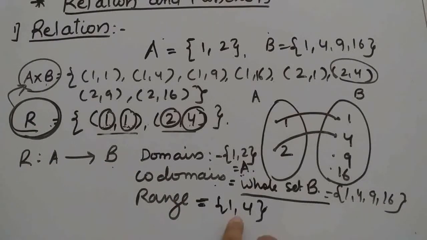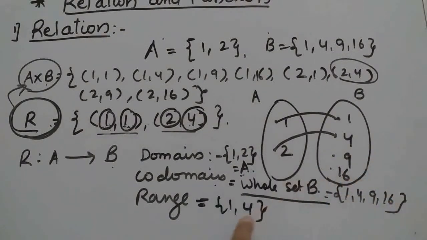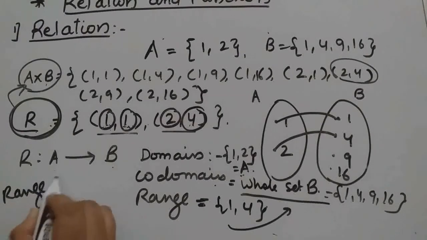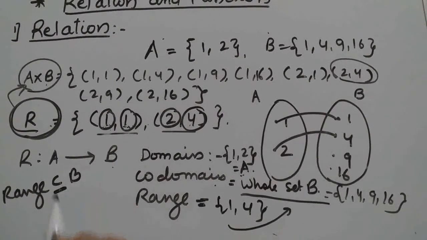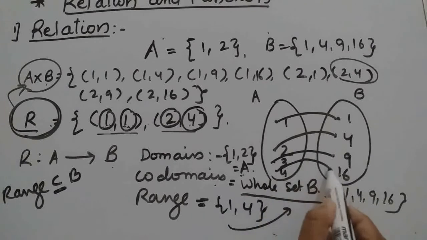See, range will always come from set B only. Range is a subset of B, we can say: 1, 4, 9, 16, and 1, 4 is there in B also. So range is a subset of B. Sometimes it can be equal to B also. Suppose here I write 3 and 4. So 3 is related to 9, 4 is related to 16.